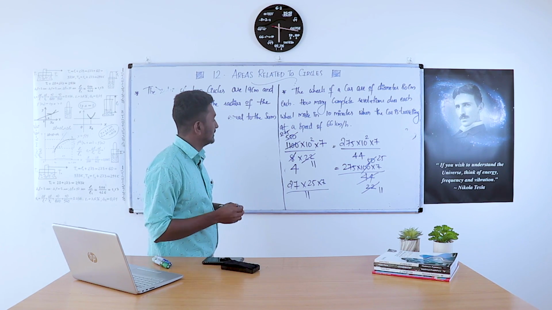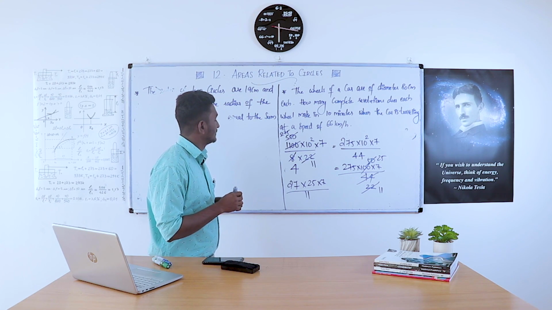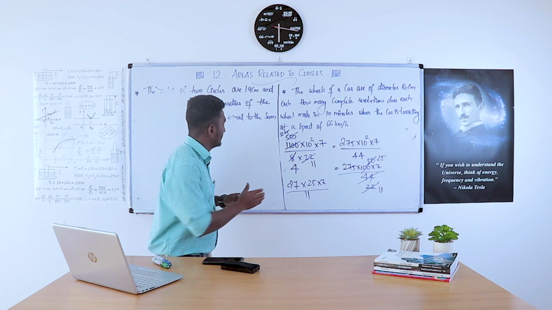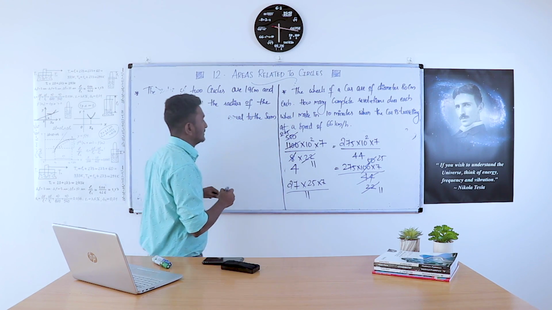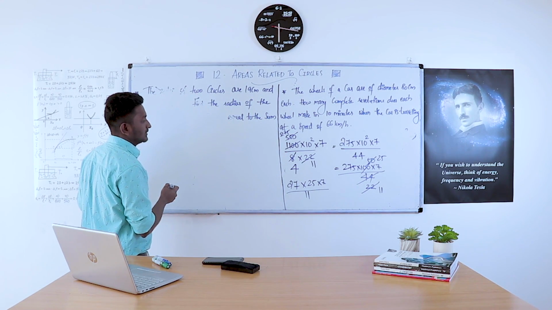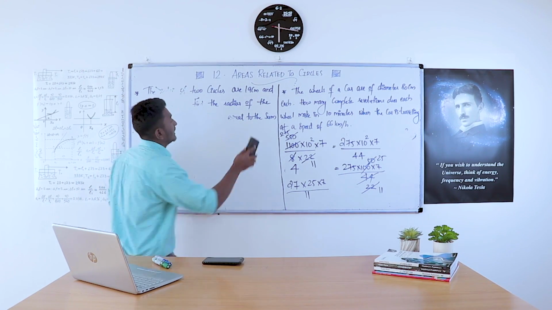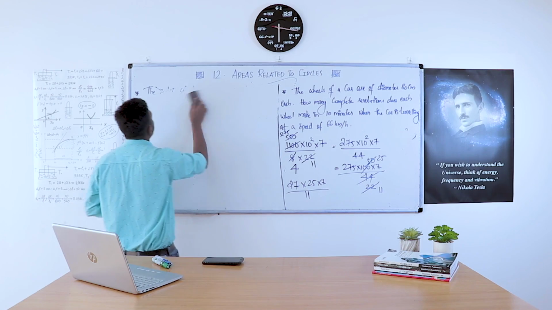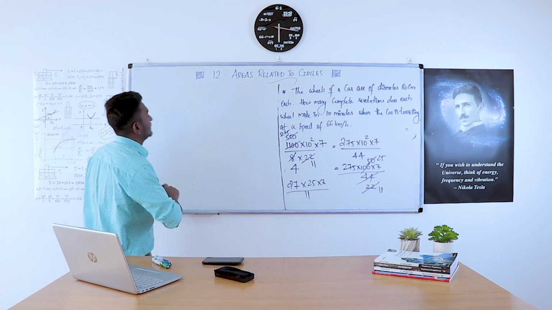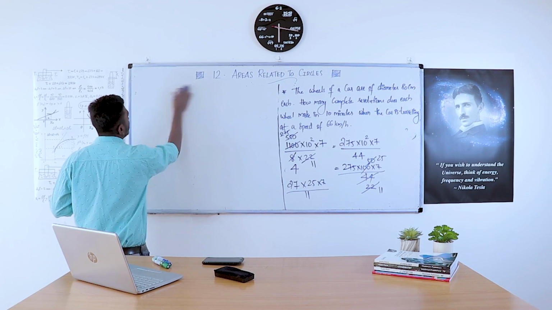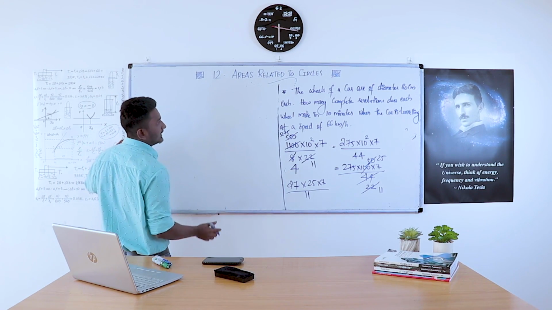We need to find the proper answer. Let me check whether there is any difference. What all things we have calculated here? I'm doing it once more to check whether it is correct or not.